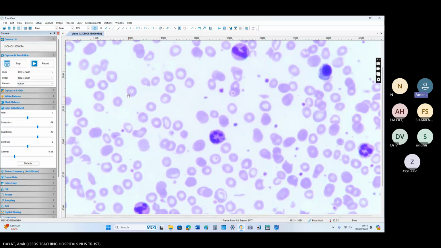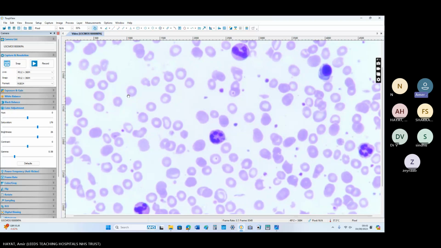Now the second part is that the blood film is most likely consistent with a MAHA picture, or microangiopathic hemolytic picture. So you have completed two parts now out of three.